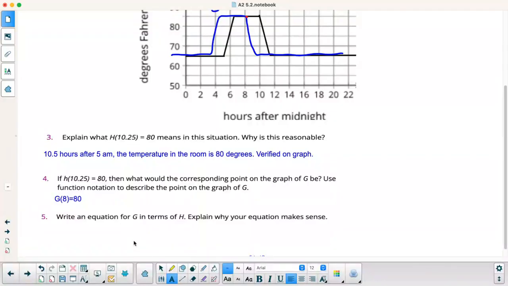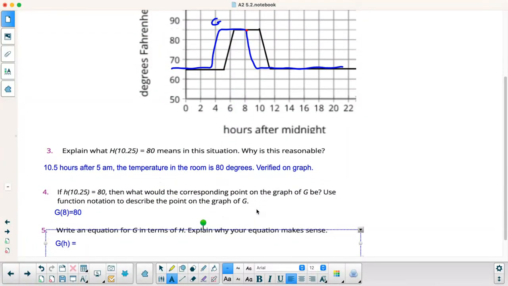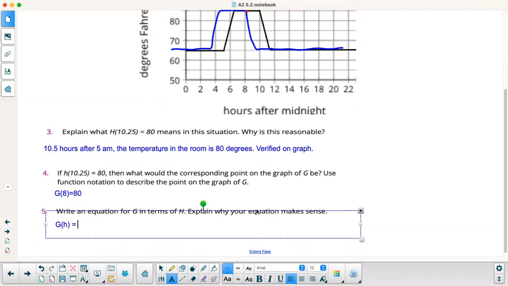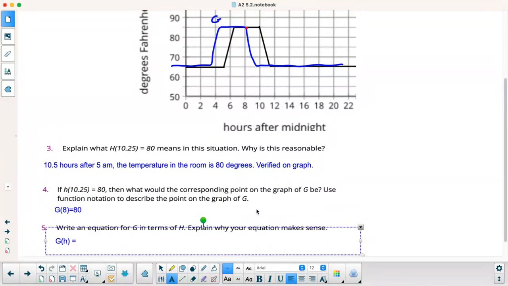Okay, write an equation for G in terms of H. So G of H. So G is to the left. So in order to shift it left, we'd have to add 2.